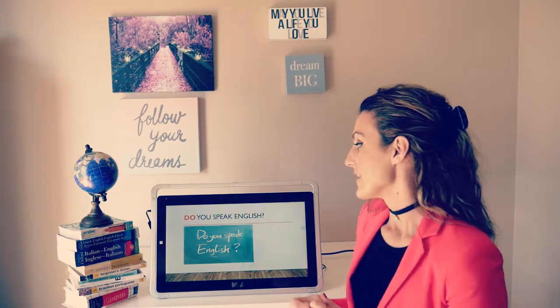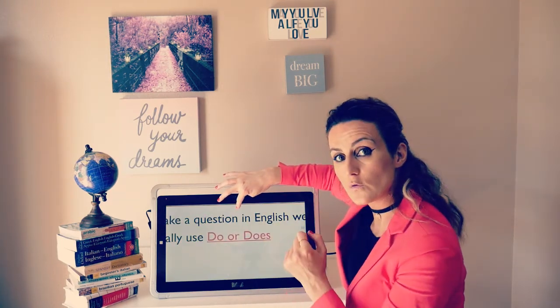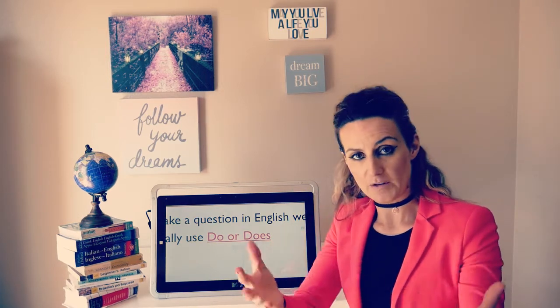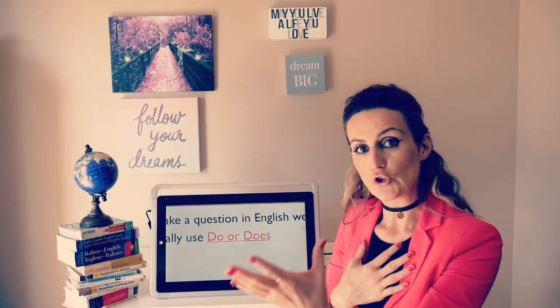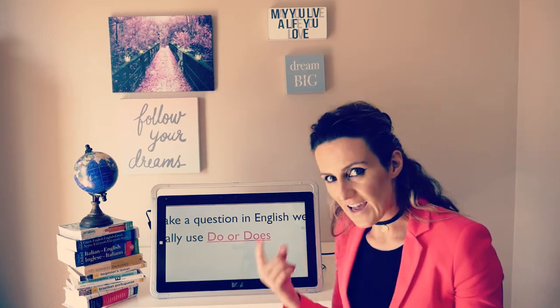We also use the simple present when we want to create a question in English. Now, it's really interesting because usually when we create a question or make a question in English, we usually use the verb to do or does. Now, you remember that do, for example, I do, you do, we do, they do, but he, she, it does.